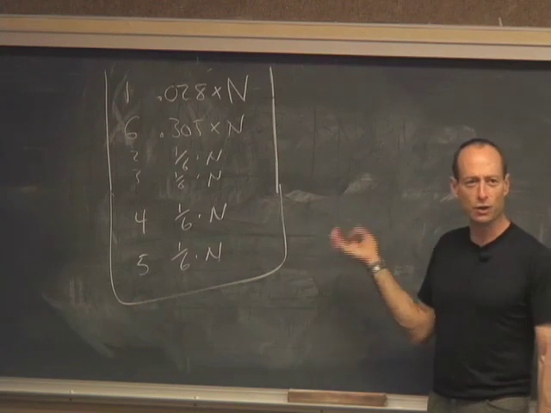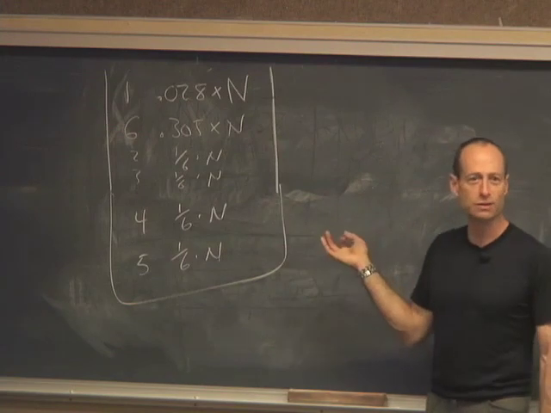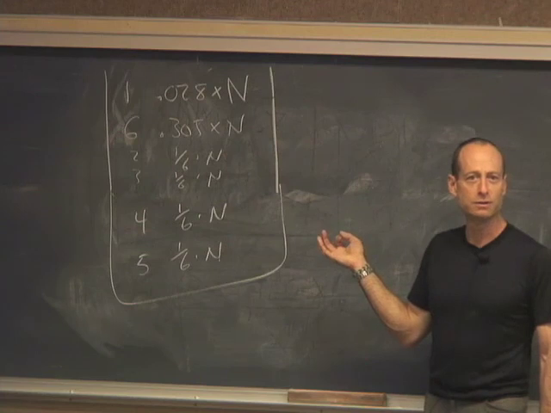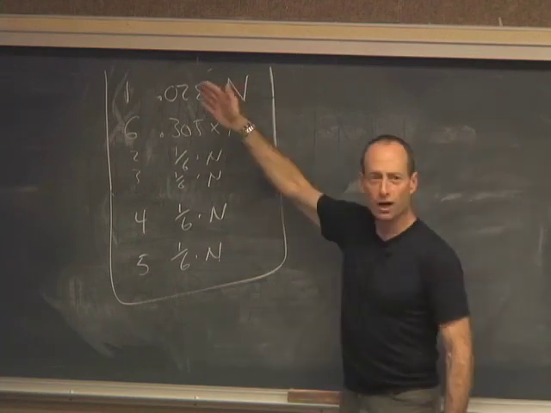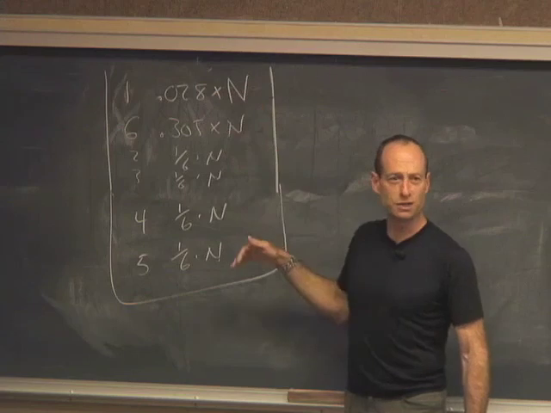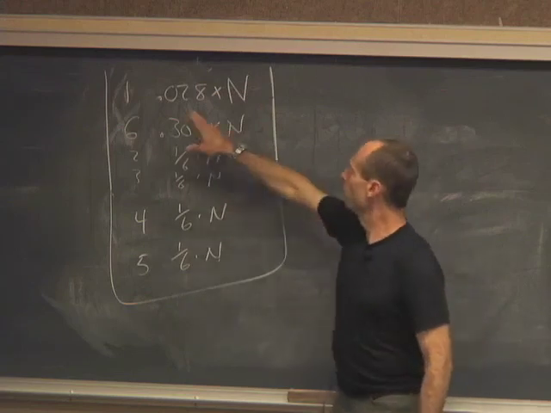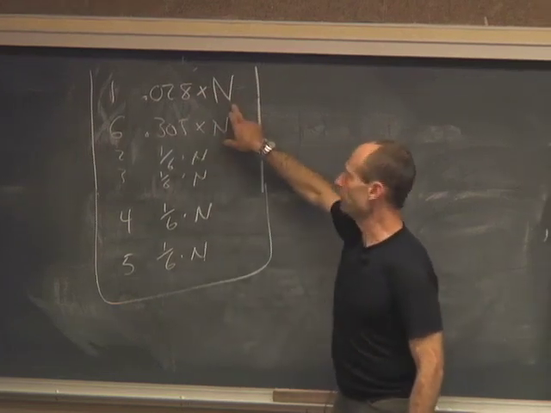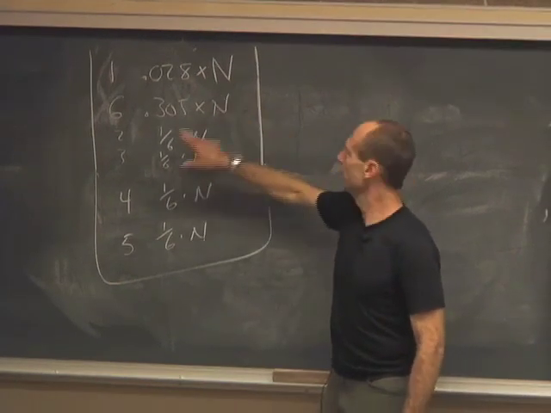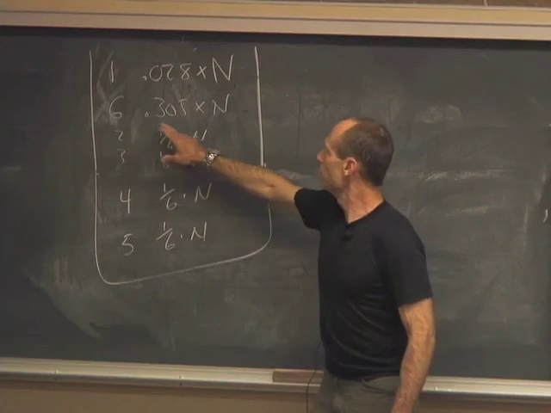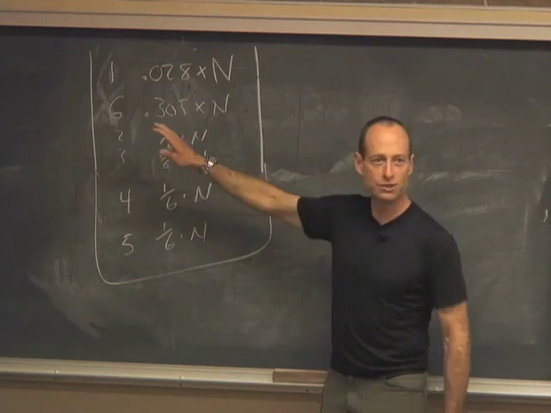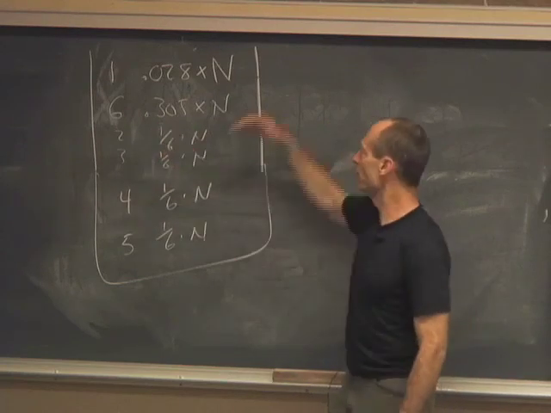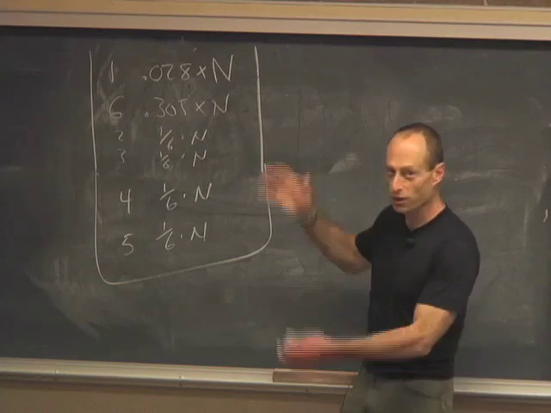what's the expected value of one draw from this box? It's going to be the average of the numbers on the tickets in the box. So 0.028 n of them are labeled 1. 0.305 n of them are labeled 6, etc. If I wrote them all out, I need to sort of put it over a common denominator.